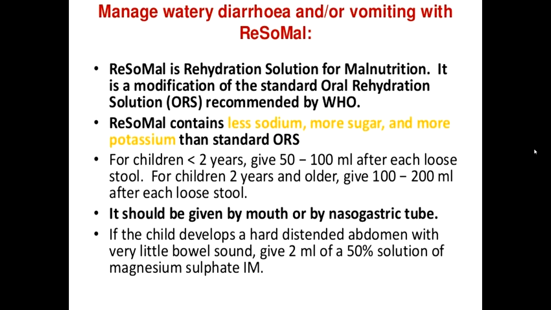It is to be given by mouth or by nasogastric tube. The amount is weight specific, like for children less than 2 years, give 50 to 100 ml after every loose stool, and for children more than 2 years, 100 to 200 ml per loose stool.